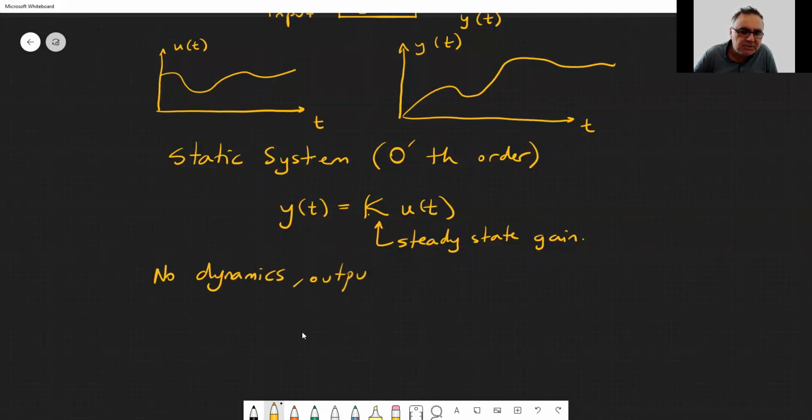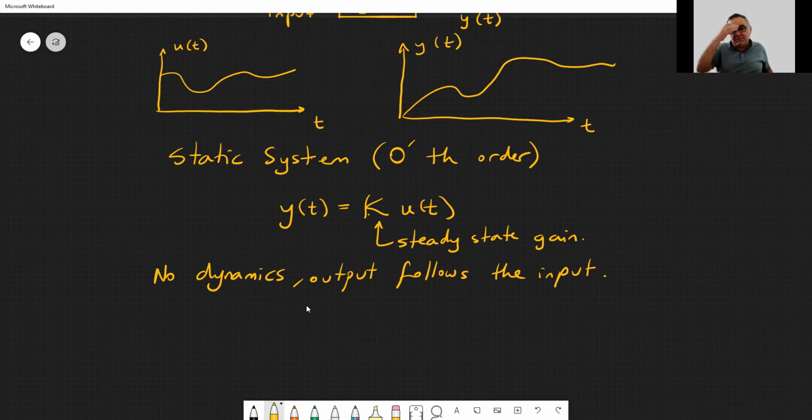Output follows the input exactly. Input multiplied by a constant, which is the steady state gain. This system is always at steady state, actually. It's not a very interesting system. It's just that the output is a scaled version of the input, okay?